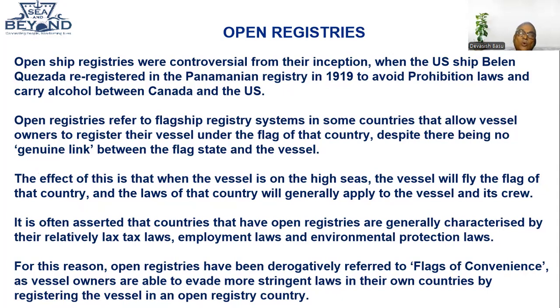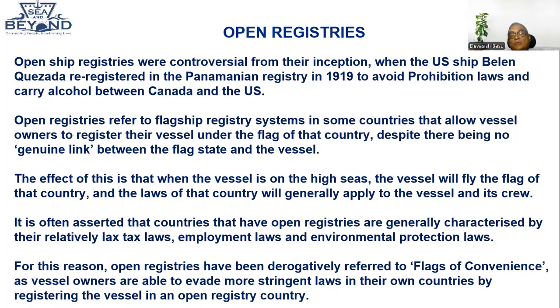So when you go to a flag of convenience, many times it is seen that the laws which you are following are a little lax. The employment laws are not that strict, and the main thing is the environment protection laws. They are not that rigid.